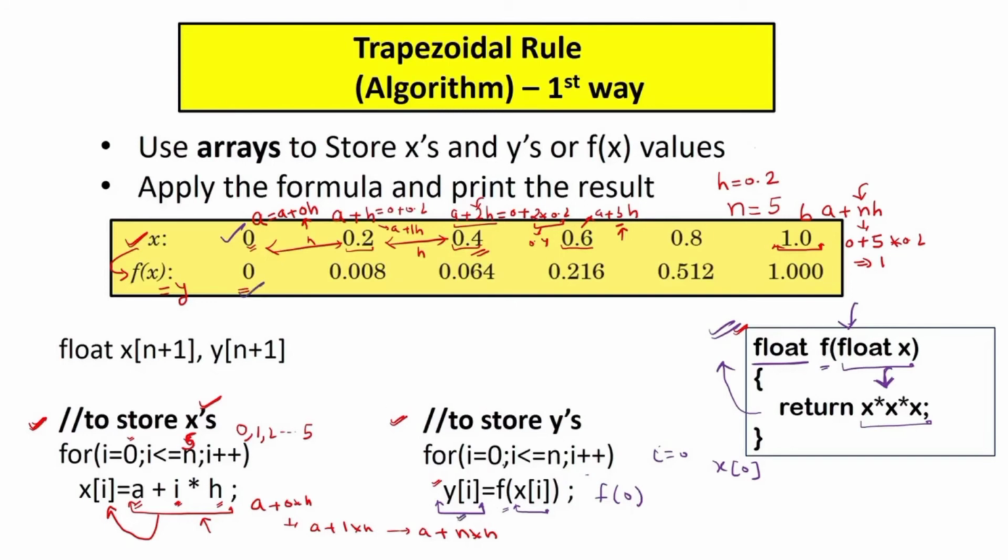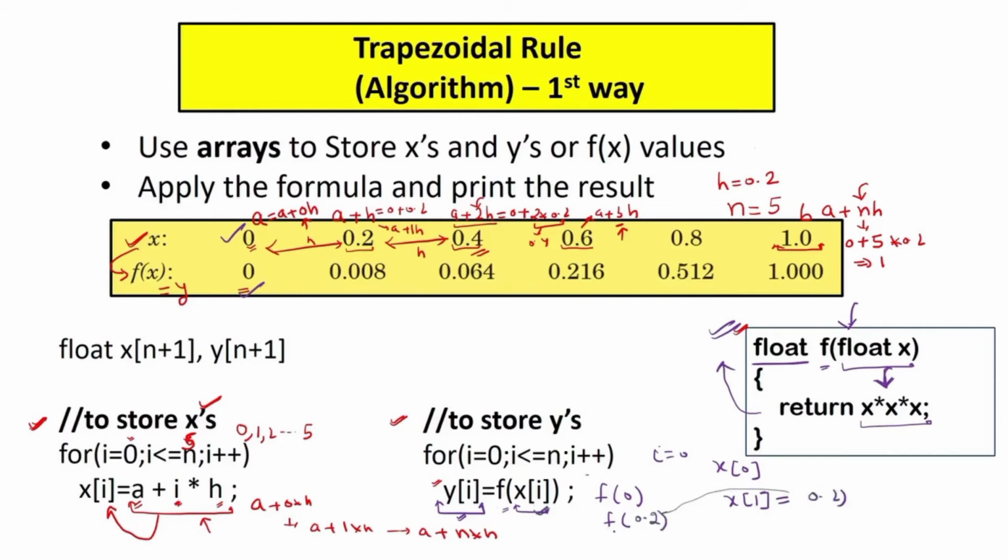Next iteration, i equal to 1, this will be your x, and then this x of i, that means x of 1. So what is the value of x of 1? x of 1 is 0.2. So essentially 0.2 will be passed to this function.